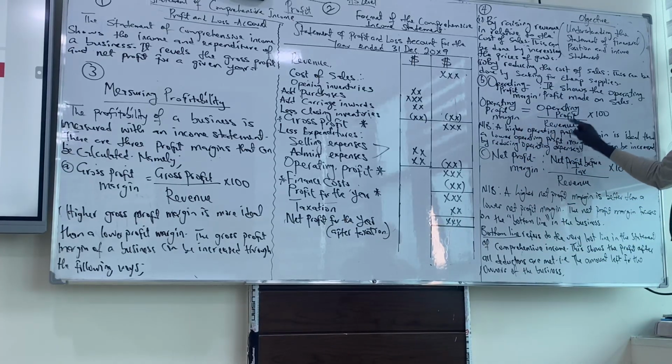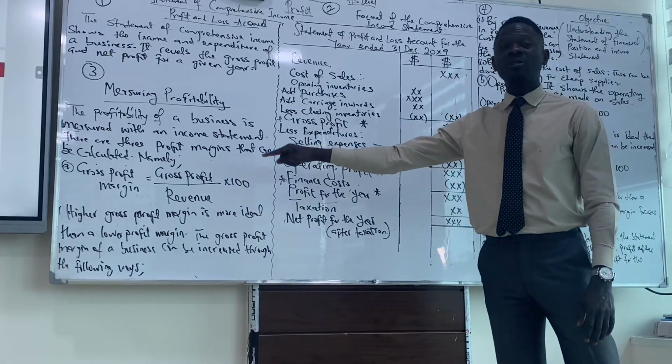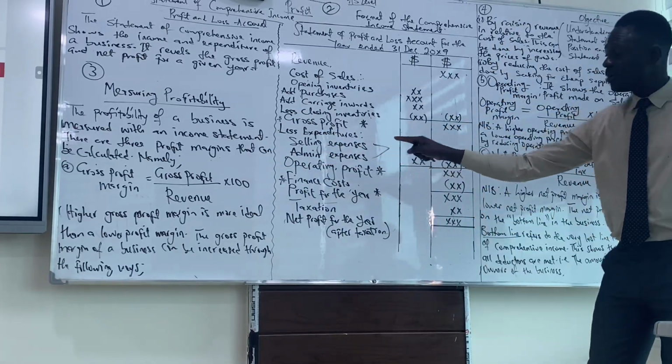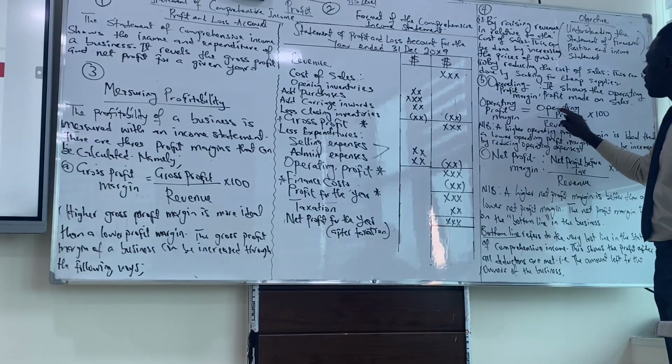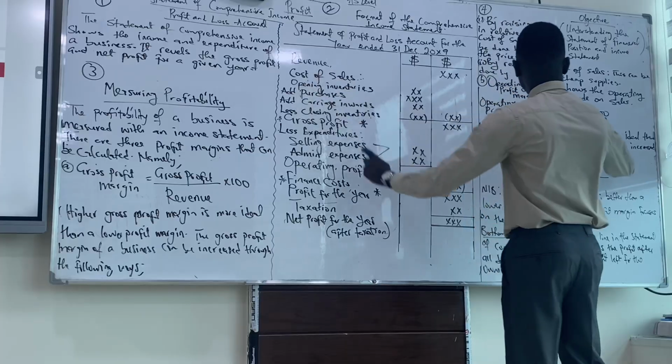Operating profit margin is operating profit divided by revenue multiplied by 100. The gross profit margin is gross profit divided by revenue multiplied by 100. Operating profit margin is operating profit, which is this, divided by revenue multiplied by 100.